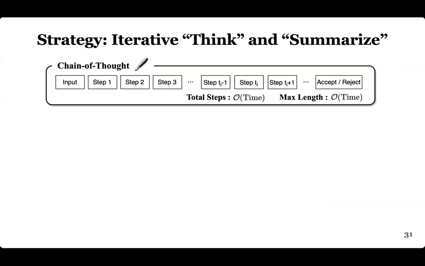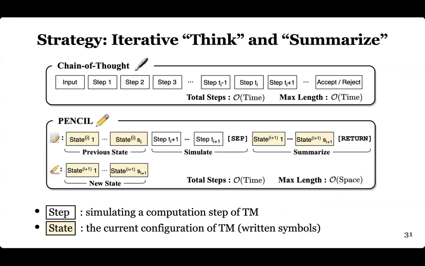So here is the high-level idea of how Pencil can achieve both time and space optimality. For chain of thought, as we mentioned earlier, each step of computation refers to one transition step of the Turing machine. So the total number of generated tokens and the maximum context length are equal to the time for solving this problem. But Pencil uses a different strategy. It can iteratively think and summarize.